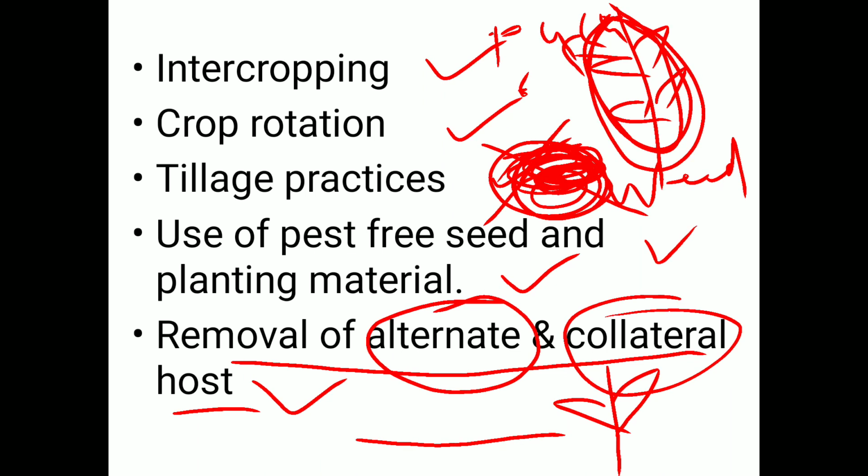Alternate and collateral host means it may be a weed, it may be any noxious plant on which the pathogen completes its life cycle in absence of the main host. So it is very essential to remove them. These are pathogens that complete their life cycle on weeds or other crop residues in absence of the main host, and this is called the alternate or collateral host.